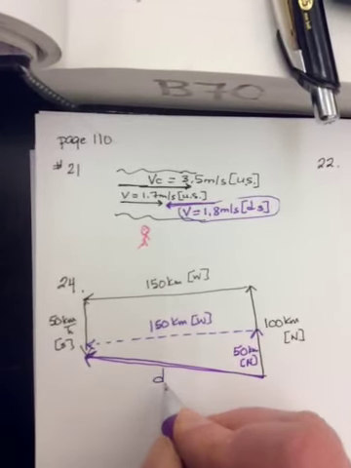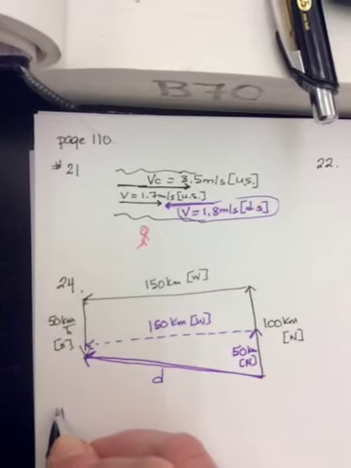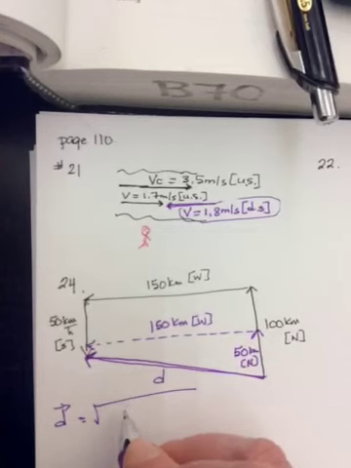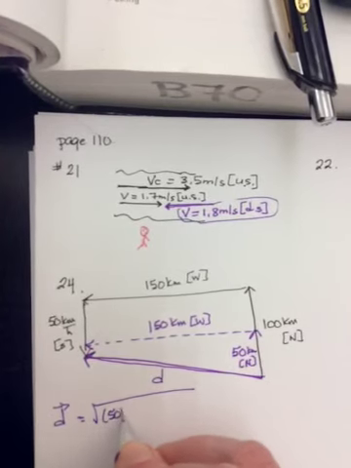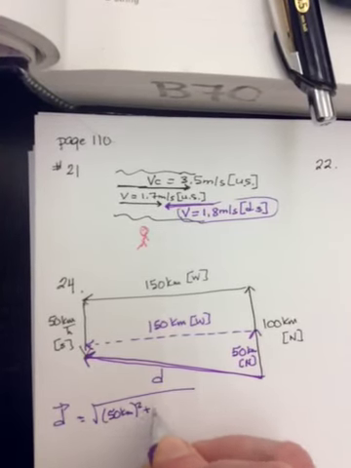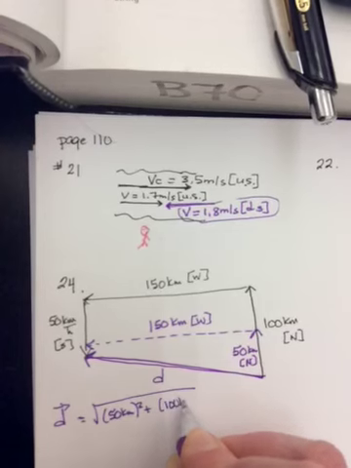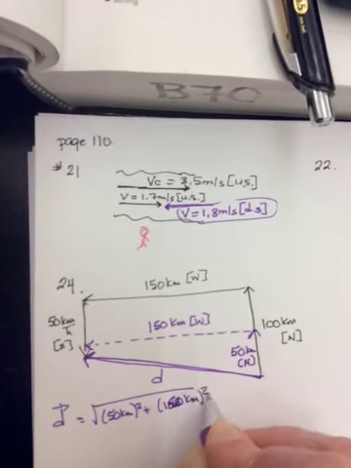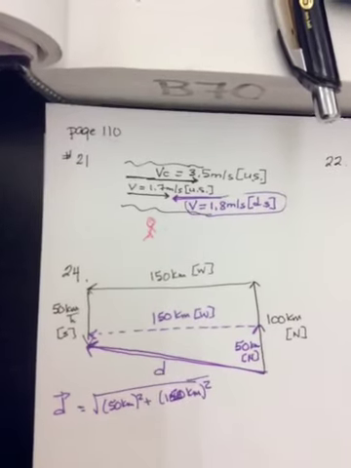Okay, so if we call this the displacement d, it's going to be equal to the square root, again Pythagorean theorem, of 50 kilometers squared plus 150 kilometers squared. And then, of course, take the square root.